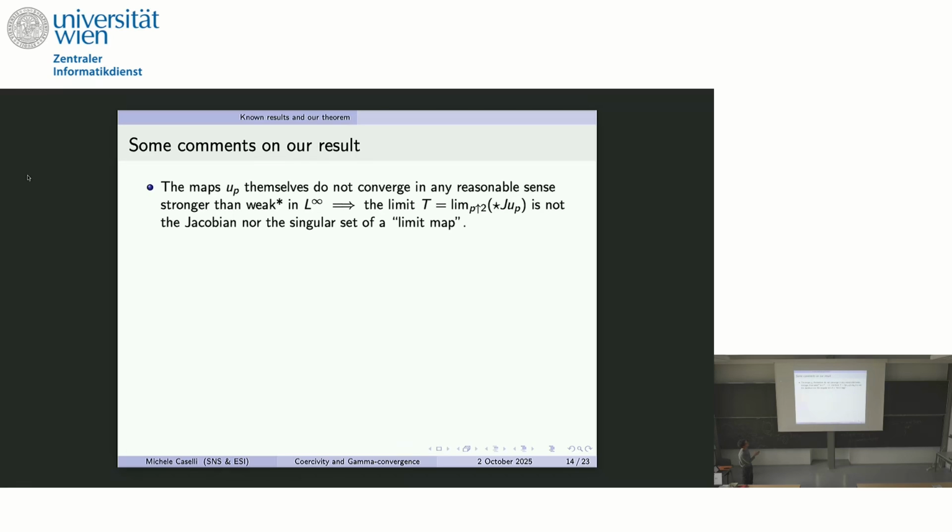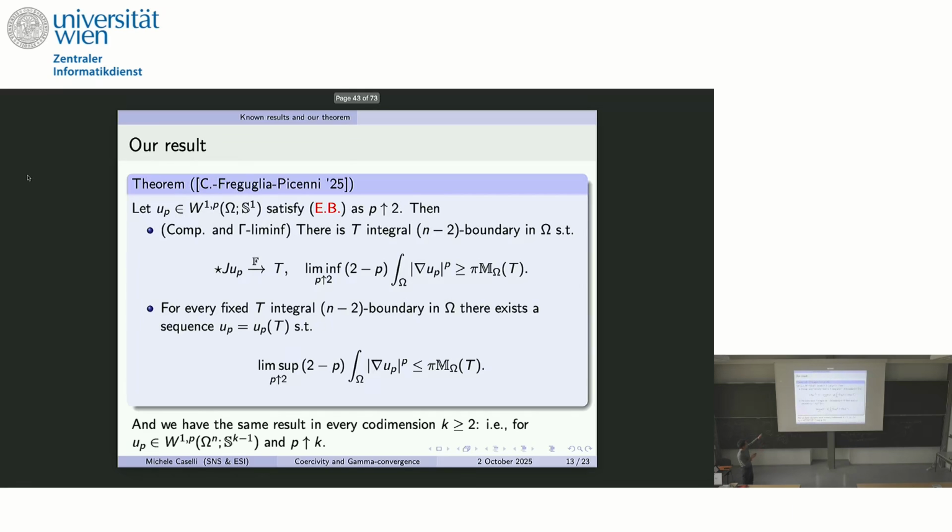So the limit current, the limit of the Jacobians, is not the Jacobian of any limit map, at least in the setting of gamma convergence. Note that here we are not assuming anything on the maps apart from the energy bound. I'm not assuming minimizers, critical points, or whatever. So in this generality, there is no limit map.